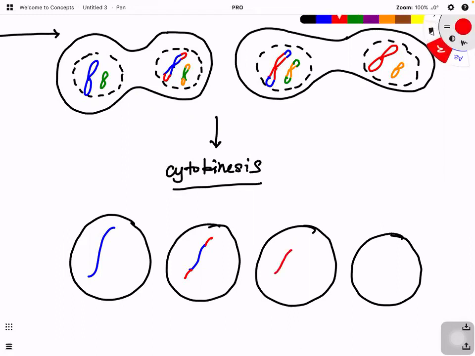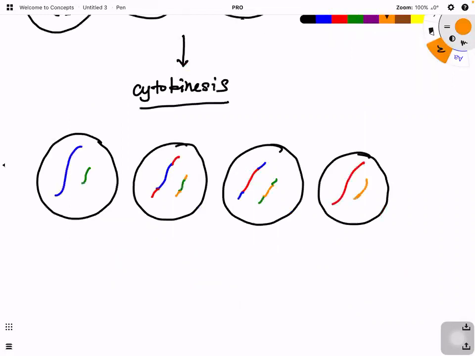Red, red. So a little blue. Can you see that? So green, green with a little bit of orange, orange with a little bit of green, and then it's orange. So you can see that we get all different kinds of cells, different combinations.